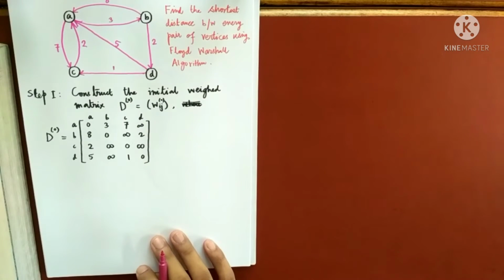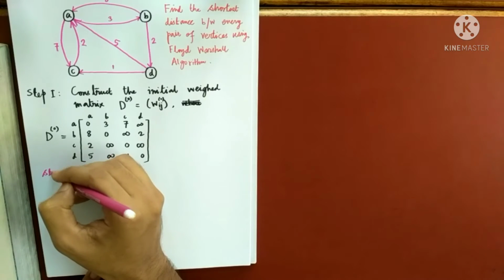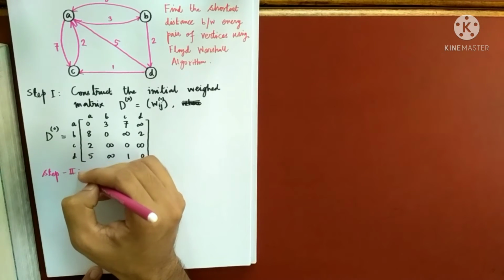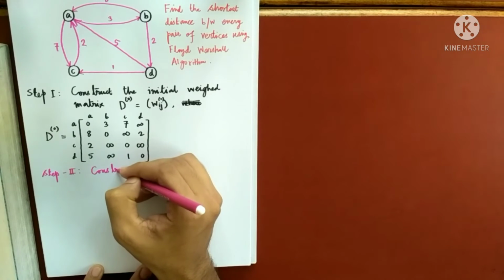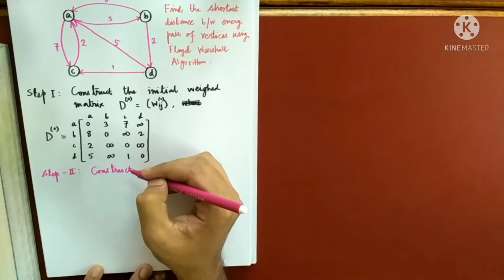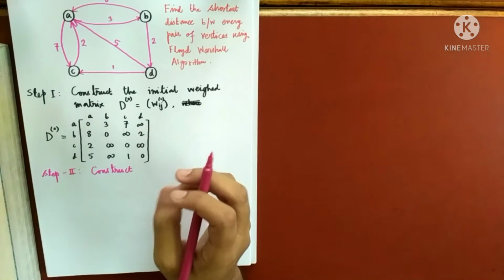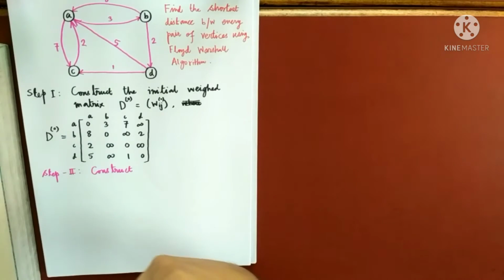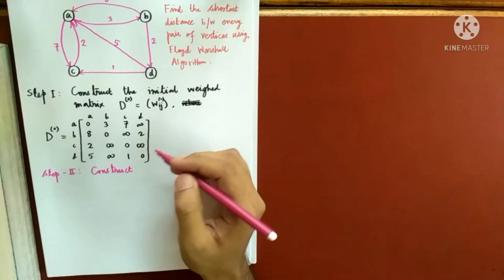So what is step 2? This is the formula for computing another weight matrix. So we'll try to update the values of this matrix using a suitable formula, and that will give you the shortest distance between any pair of vertices, but that will take a lot of time.